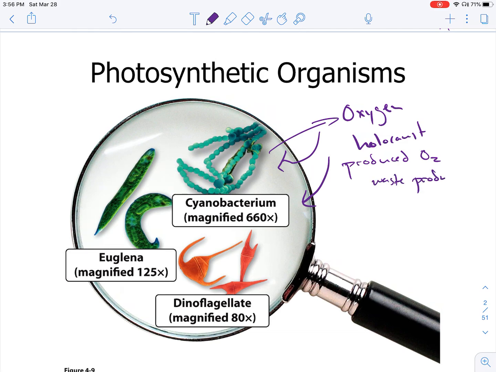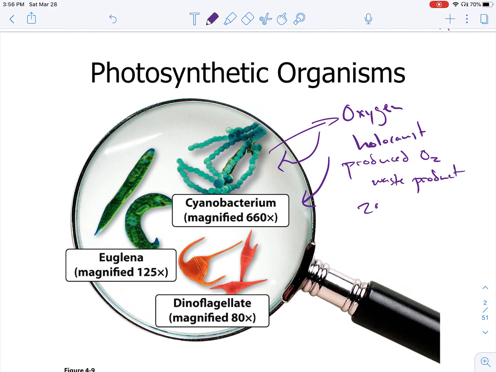That oxygen turned out to be toxic for most bacteria, which are what are called obligate anaerobes, and they can't have oxygen. And so when cyanobacteria came about, they killed 99% of all the biodiversity on the planet, and produced so much oxygen that it created the modern oxygen conditions.